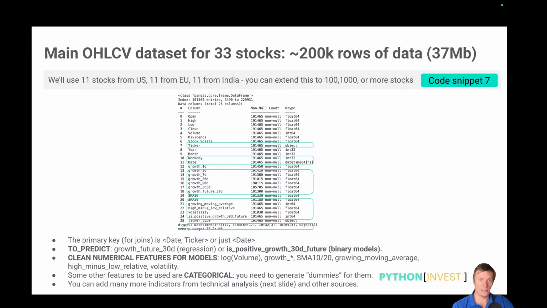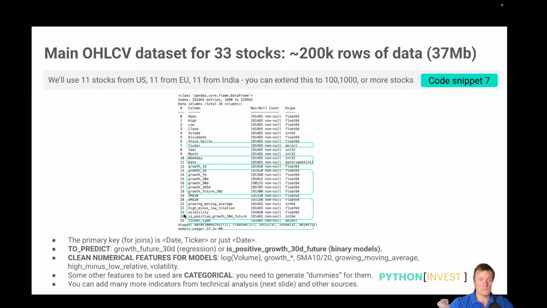Then I define historical growth in 1 day, 3 days, 7 days, or it can be any other number of days. And I think I will change this this year to include more stats for 60 days, 120 days, because I want to predict not just 1 week ahead for the next 5 trading days, but I want to predict for 30 days in the future.